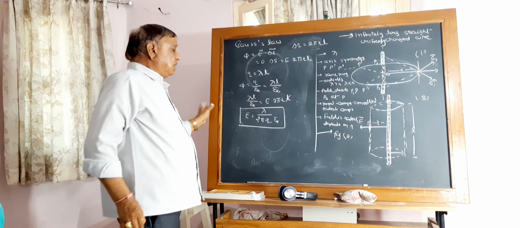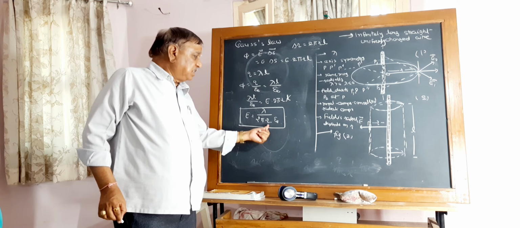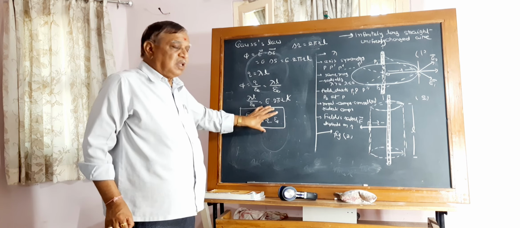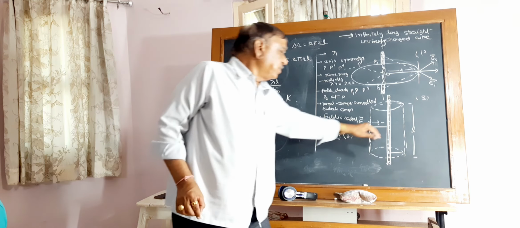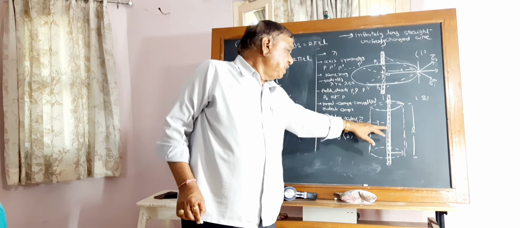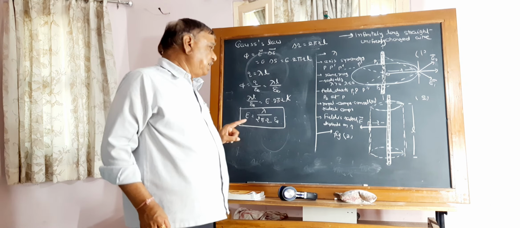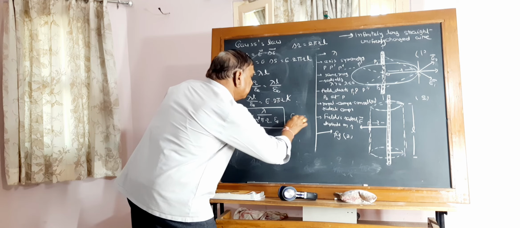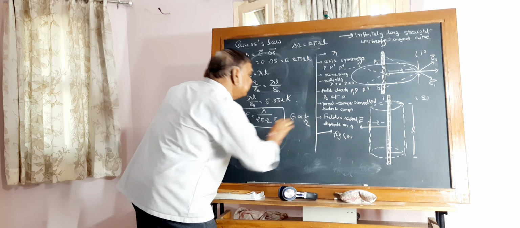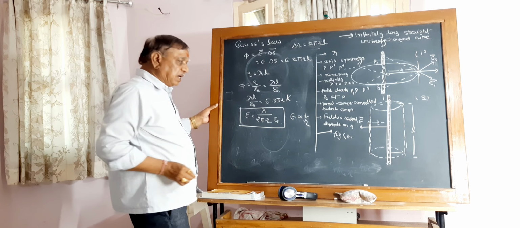From this, r is the distance, and as the distance increases, the field goes on decreasing. So E is proportional to 1 upon r for given lambda.